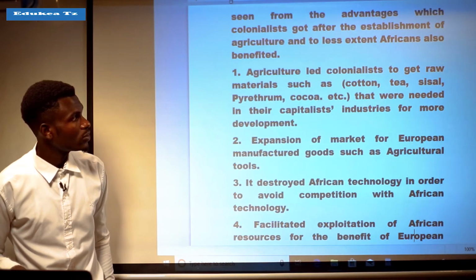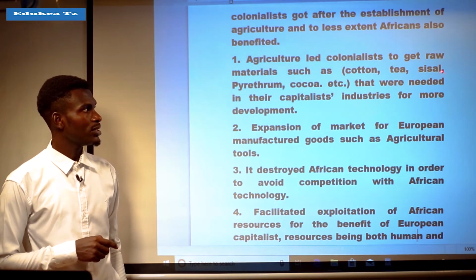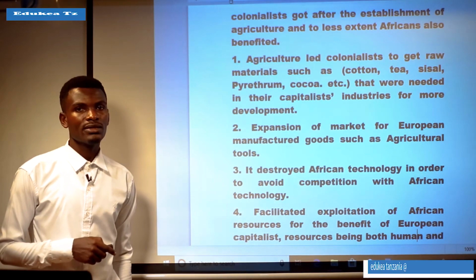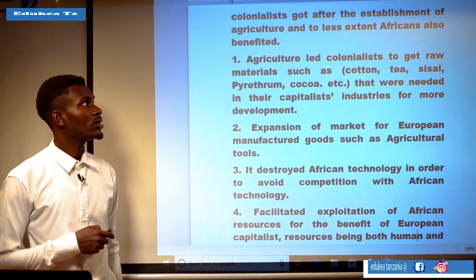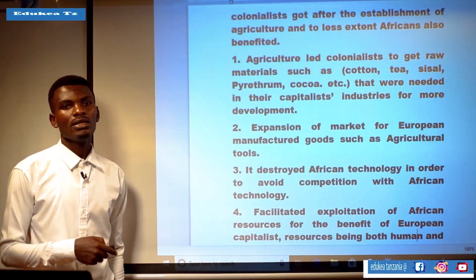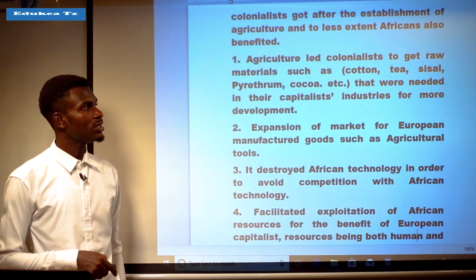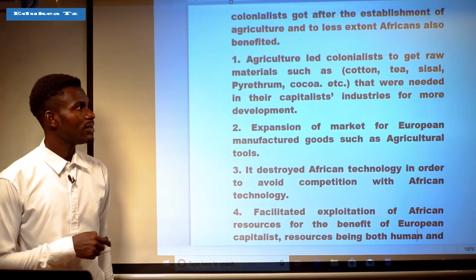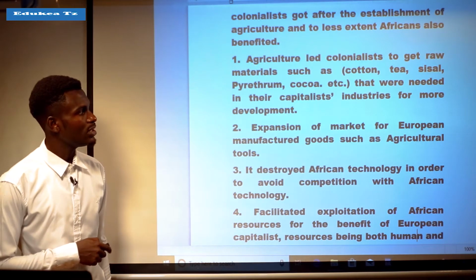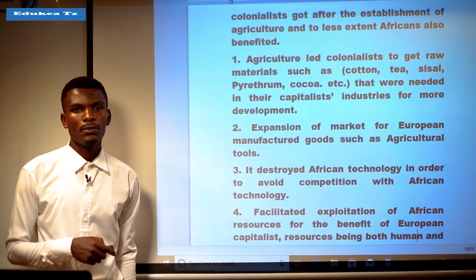The first significance was that agriculture enabled colonialists to get raw materials such as cotton, tea, sisal, pyrethrum, cocoa, etc. that were needed in their capitalist industries for more development. So that was significance number one.